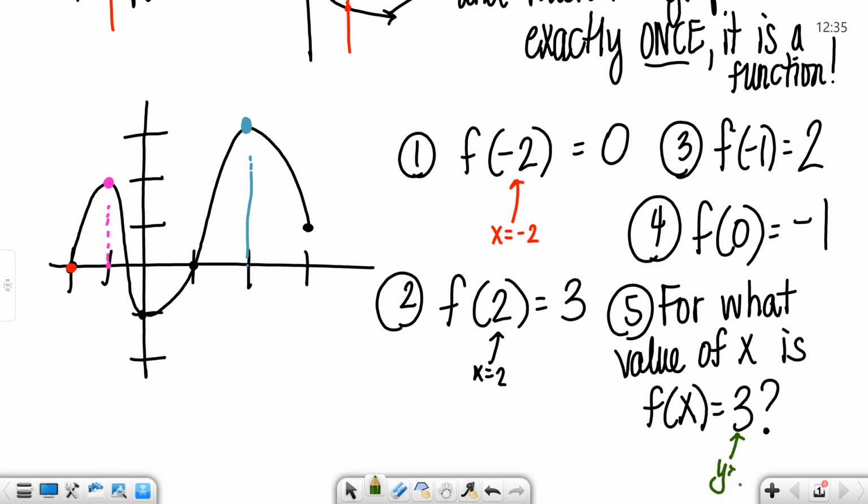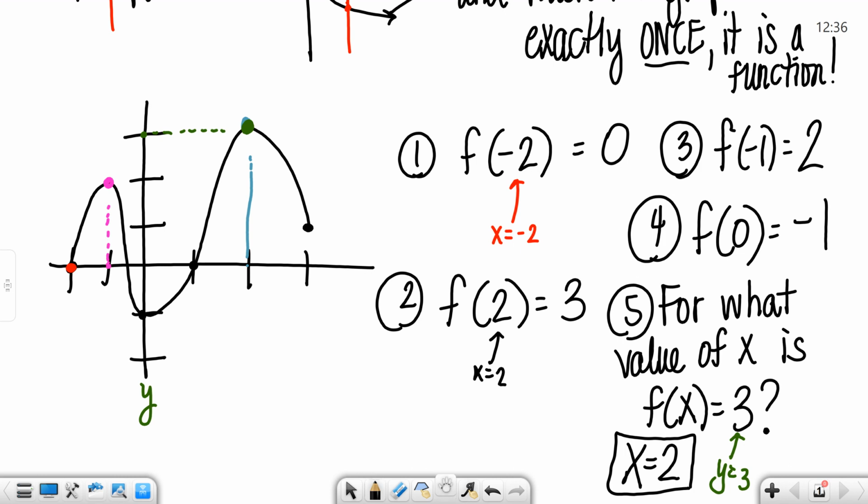That means y is 3. So I have to come over to my graph, to my y-axis. My y value of 3 is right here. Well, that's not on the graph. So if I slide my pencil over to here, that is the y value of 3 on the curve. So the x value that goes with that is 2. The x value is 2 for that one.